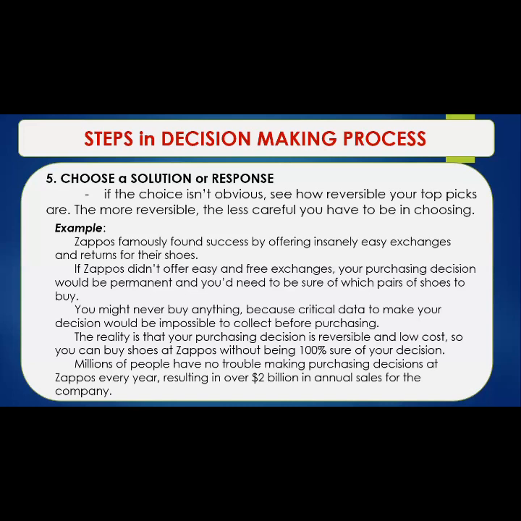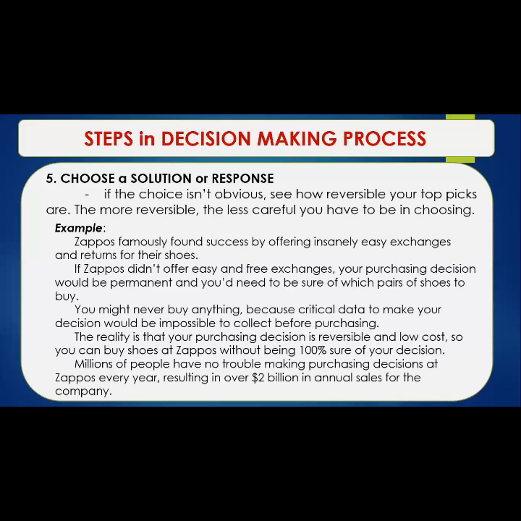Basically, if you can reverse your decision easily and at little cost, then it matters less which decision you make first. You can try something to see if it works, then try something else later if it doesn't. Okay, so that is your step number 5 in the decision making process: choose a solution or response and see how reversible your options are.